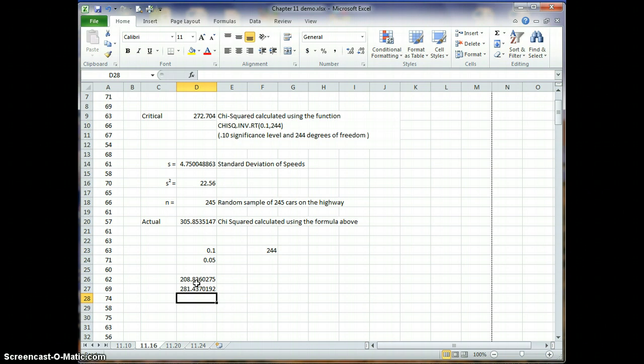But I hope you get the idea that based on the significance and the degrees of freedom, you use the chi-square function to do a calculation, which is the critical value, and then you go through and calculate the actual based on the data you have, and then you look to see from that, do you accept or reject.